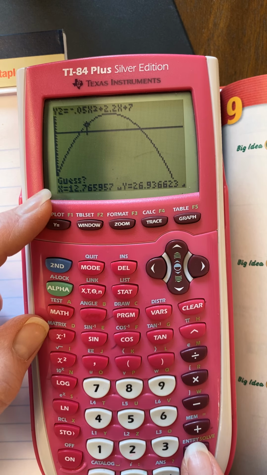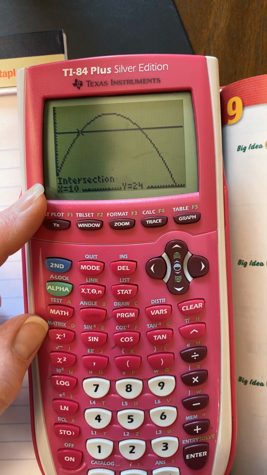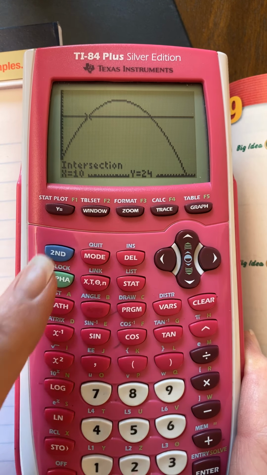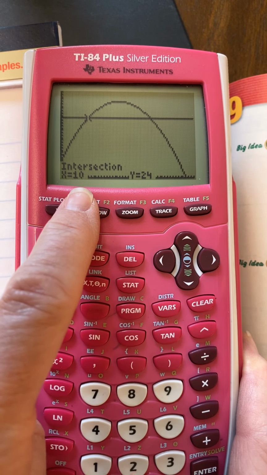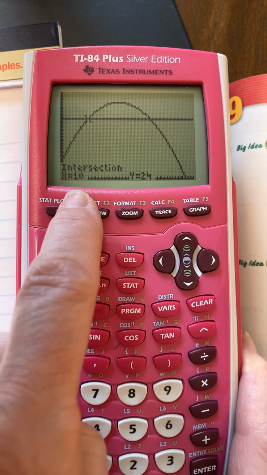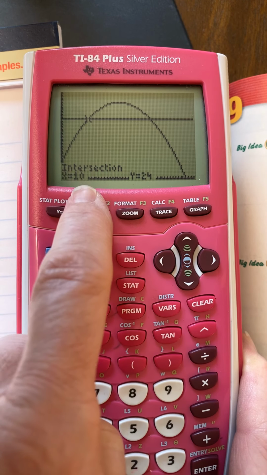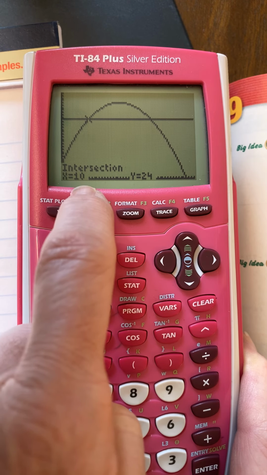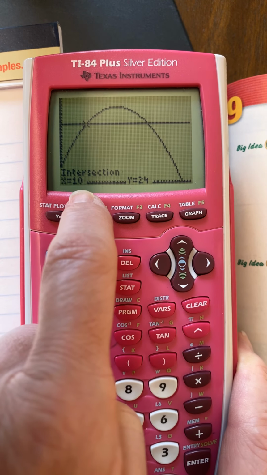Yes. And then it says guess. Just ignore that. You press enter one last time. And it will tell you the intersection right there. When x equals 10, y is equal to 24. You just got a solution to your quadratic equation. So it's going to reach $24 billion in sales 10 years after 1990.